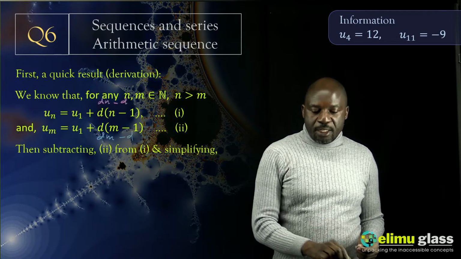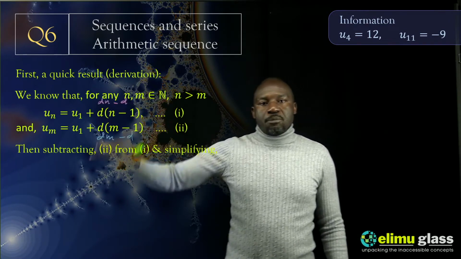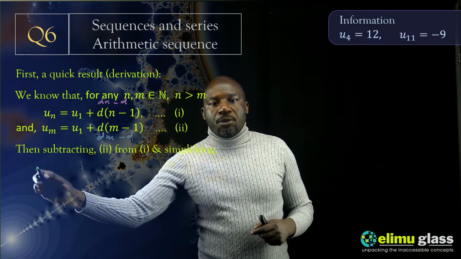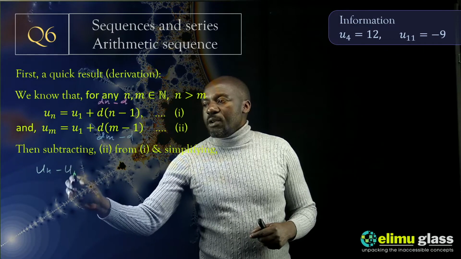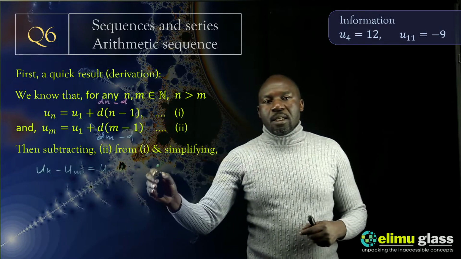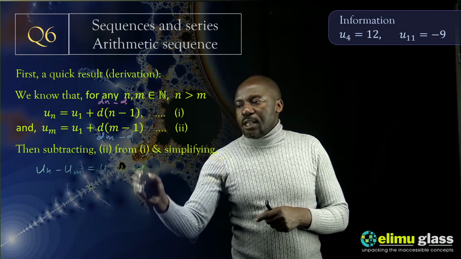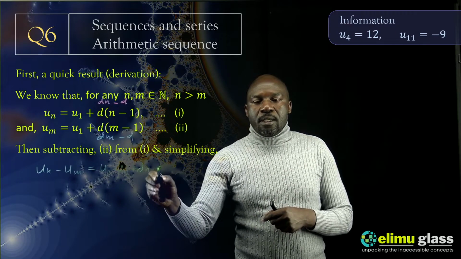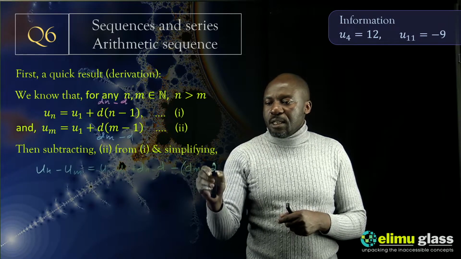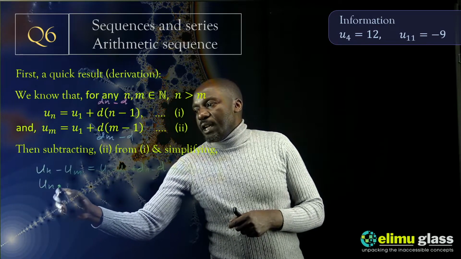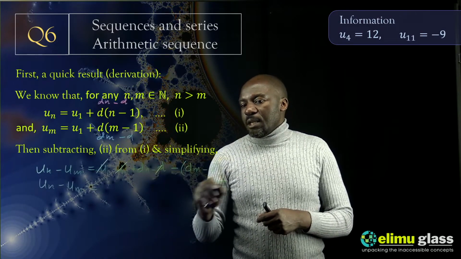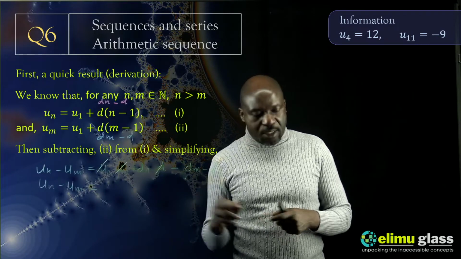So un minus um must be equal to u1 minus u1, and then plus dn minus d, minus dm minus d. This is the same as un minus um equals, this cancels and this also cancels, because this is going to be minus, that can disappear.